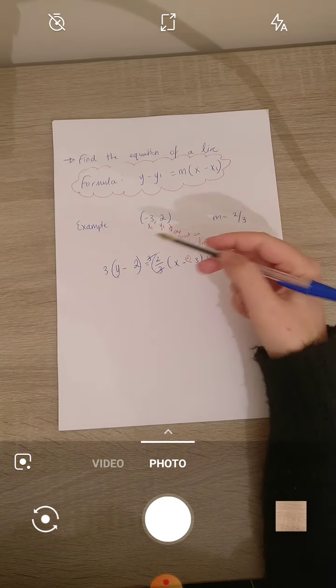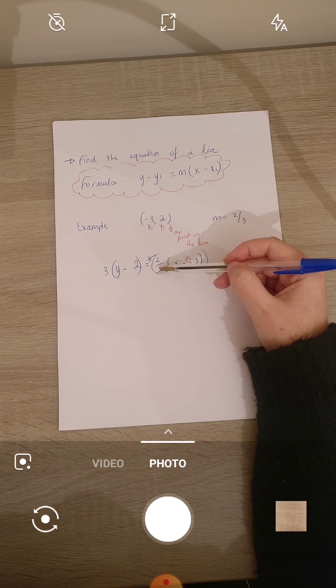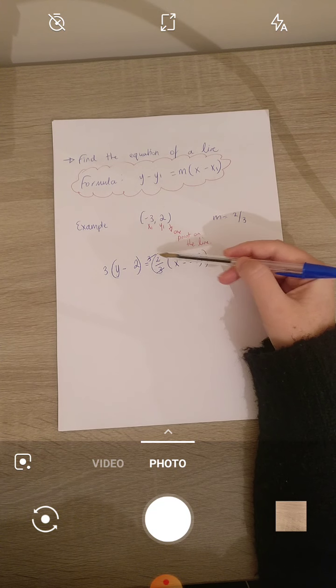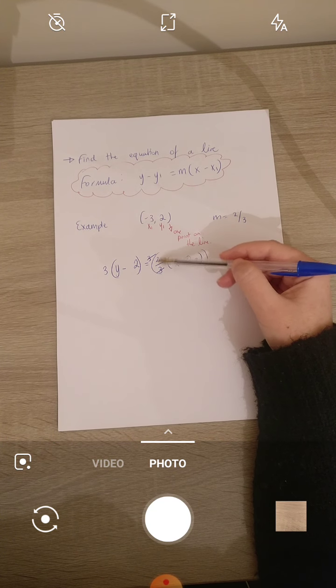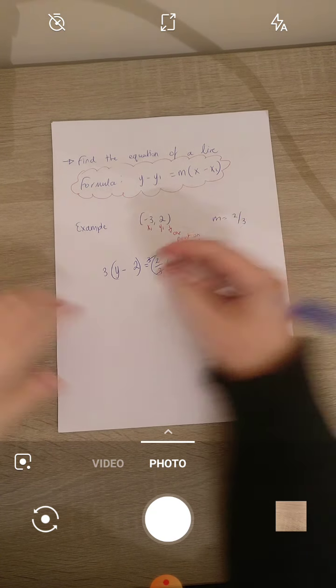Okay, so you don't need to do that every time. You just need to know that when you have your fraction, when you have your slope, the 3, or the denominator of the fraction, moves to the other side and multiplies by everything on that side. And the numerator, or the top part of the fraction, multiplies by everything on the right hand side.